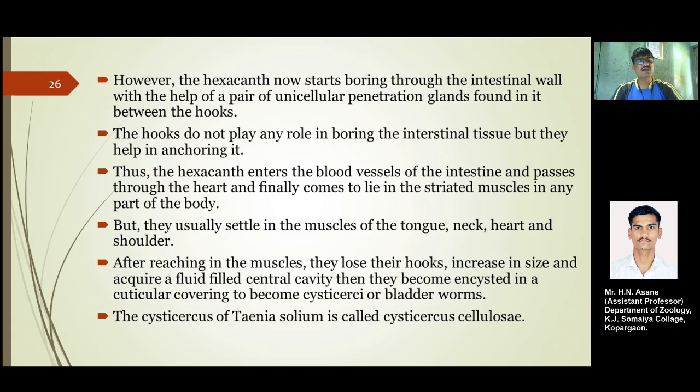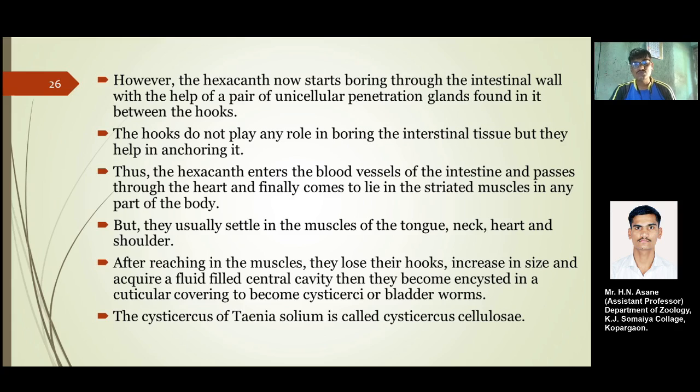The hexacanth enters the blood vessels of the intestine, passes through the heart, and finally comes to lie in the striated muscles, and it can be in any part of the body, but they usually settle in the muscles of the tongue, neck, heart and shoulders.